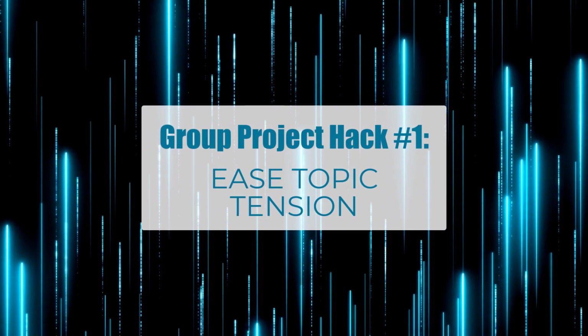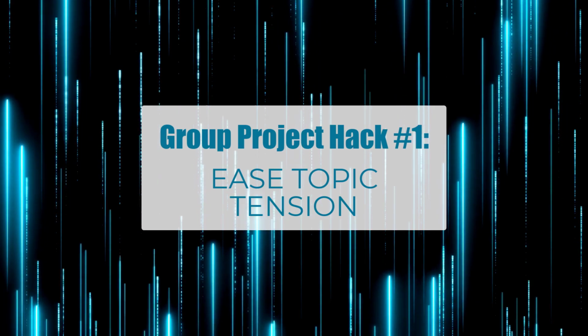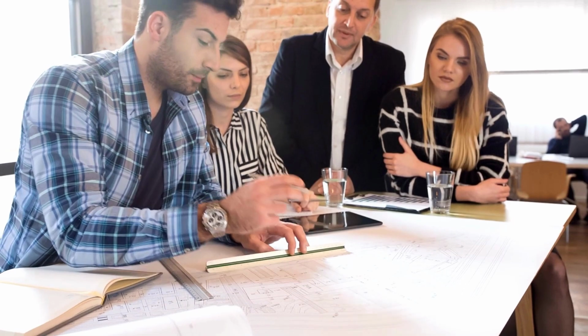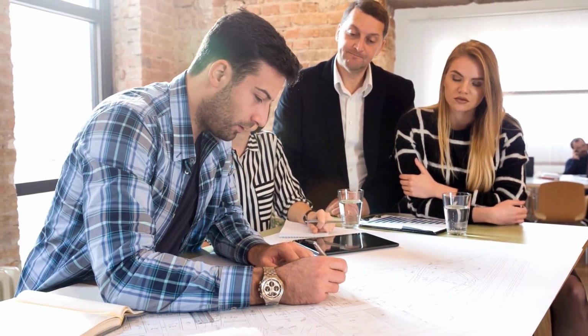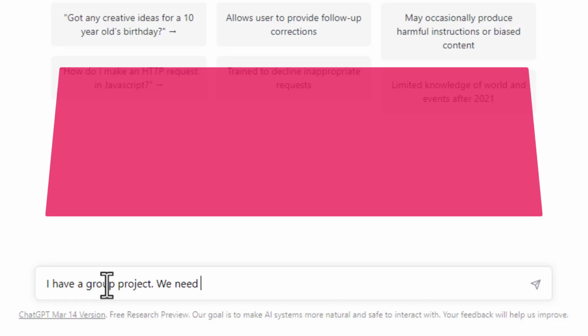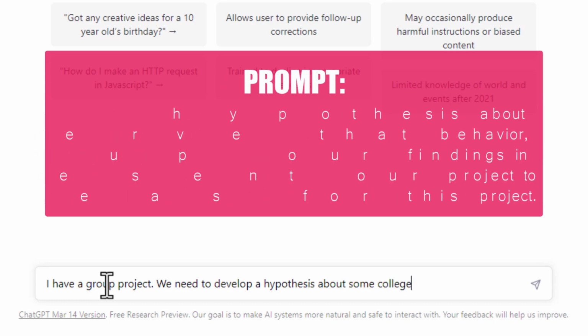First up, you can use ChatGPT to decide on a topic or focus for your group project. Often it can be a challenge to settle on a topic as a group. There may be some members who have strong ideas and others who just aren't comfortable speaking up. To avoid arguments or railroading, ask ChatGPT to generate 5 specific topic ideas to start with.